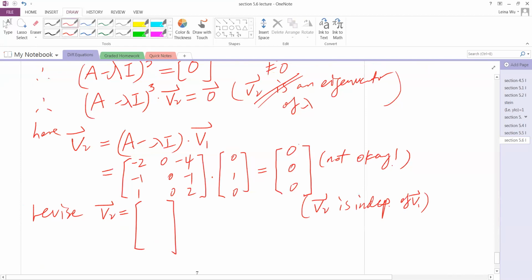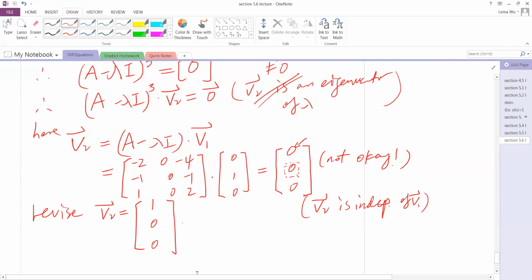So let's choose one of the entries to be non-zero. And remember, your V1 is 0, 1, 0, so you cannot pick the second entry to be 1. But it's okay if you want to pick the first one or last one. Either one would be fine. So in the easy case, let me fix the first entry to be non-zero. So 1, 0, 0. Is that good? Yes.